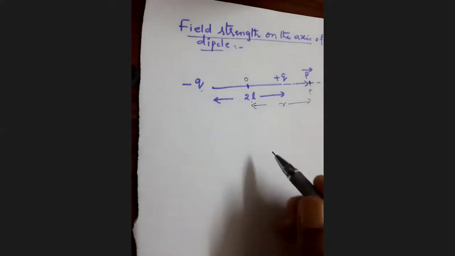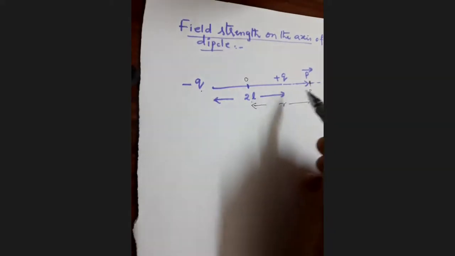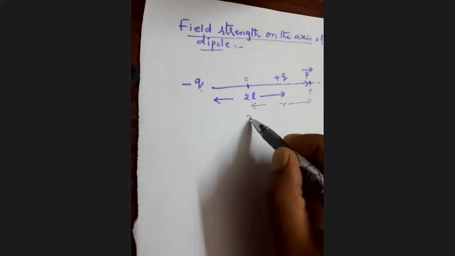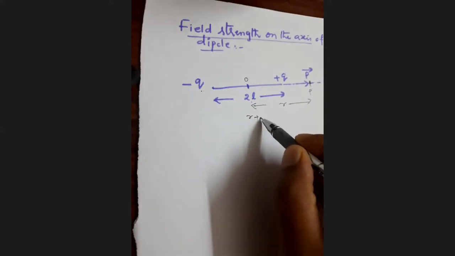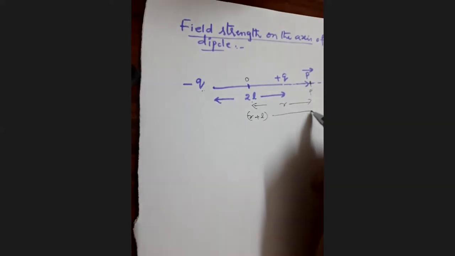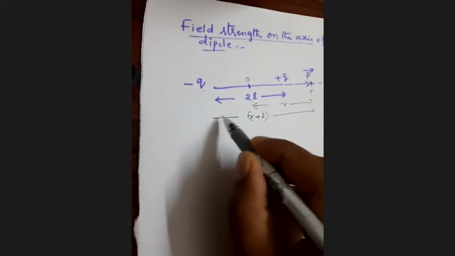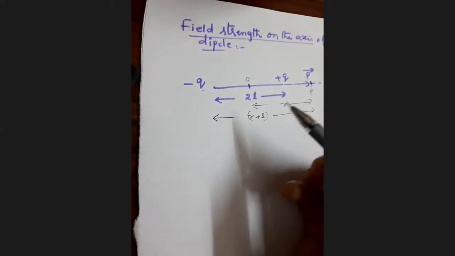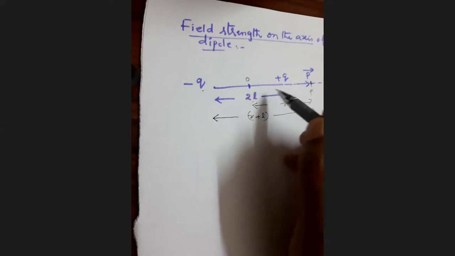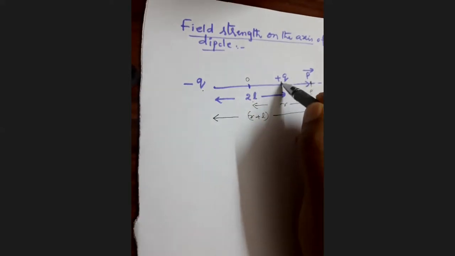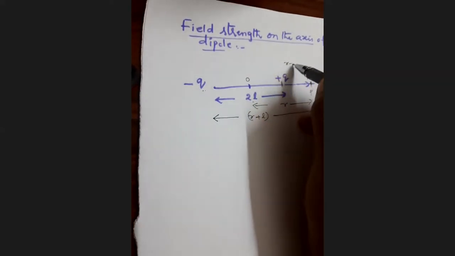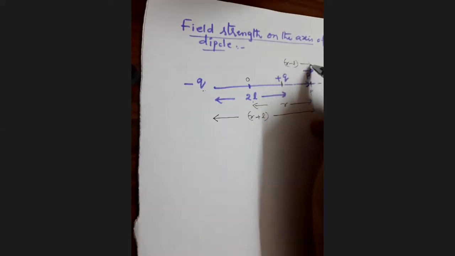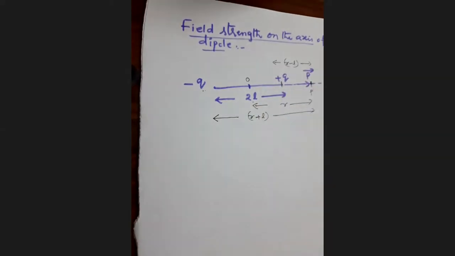Okay. Then what is the distance of point P from minus q? That would be r plus L. r plus L is the distance of the considered point from minus q. Then the distance of plus q to P would be r minus L. Okay, fine.